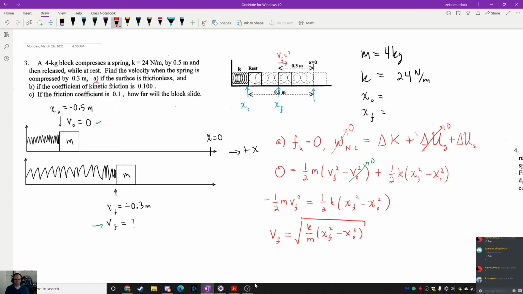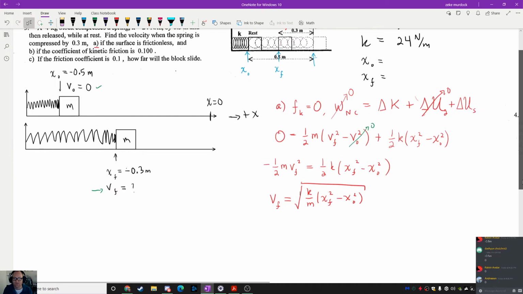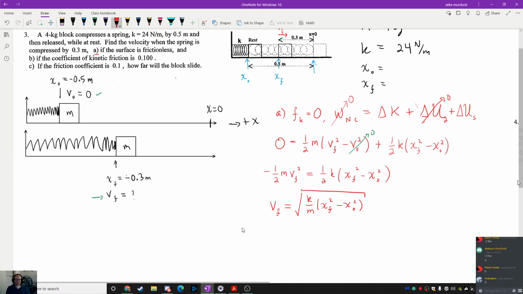I don't think there's enough room to write this over here, so we'll scroll down just a little bit. I don't want to go too far because we want the problem still to be here. Okay. So plugging in the numbers that we have here, V final is equal to the square root of k. K was 24 newtons per meter. Oh yeah, this is negative, because of that negative sign right there. You're right.